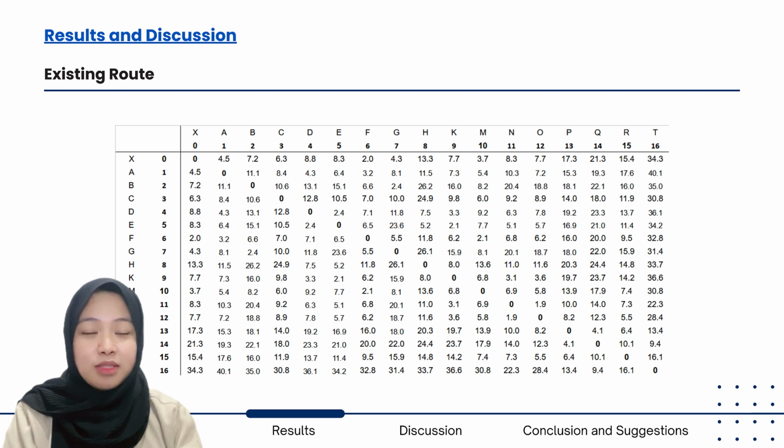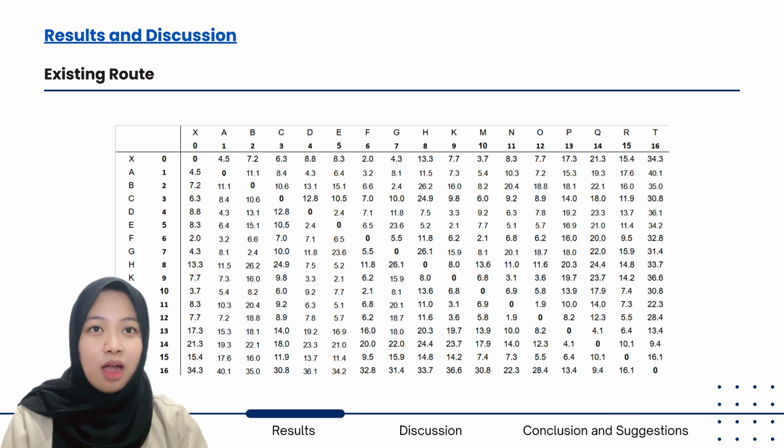The first step is to recalculate the distance of the existing route using a distance matrix with the help of Google Maps. This calculation is necessary due to differences in the method used in the reference paper, requiring adjustment to obtain a more accurate route distance.